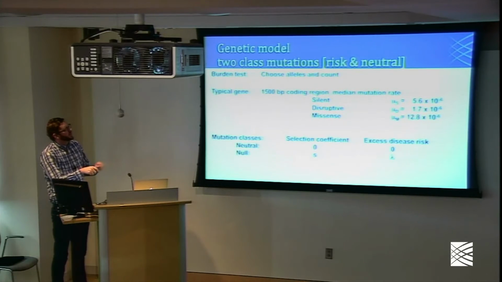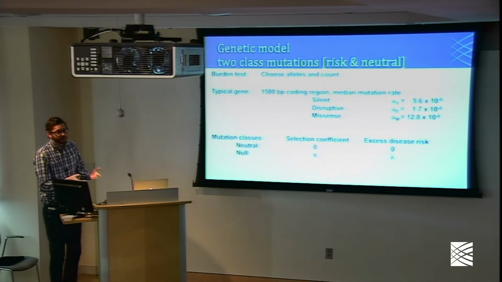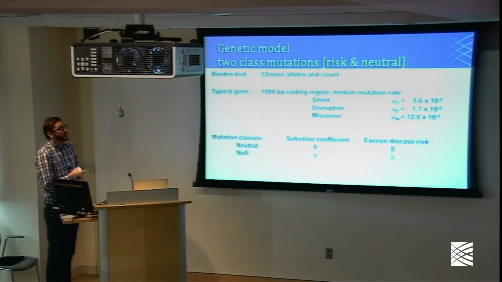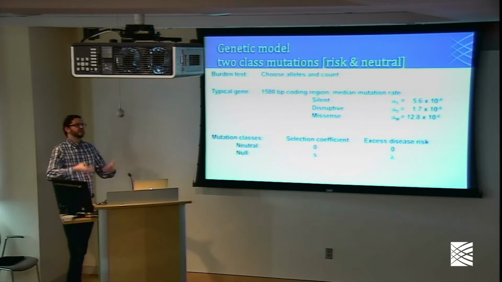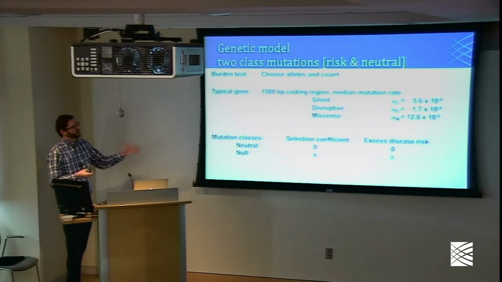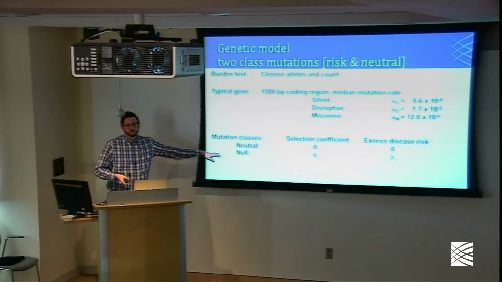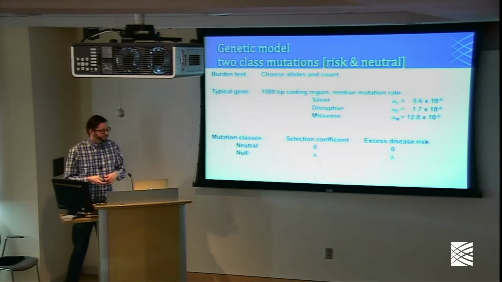But we still have reasonable expectation that there should be a fair number of disruptive mutations in genes that are conferring risk across a variety of different complex traits. And then we have this idea of excess disease risk, this lambda, this boost on the rate of disease in an individual that happens to carry one of these mutations that we put into this null category.